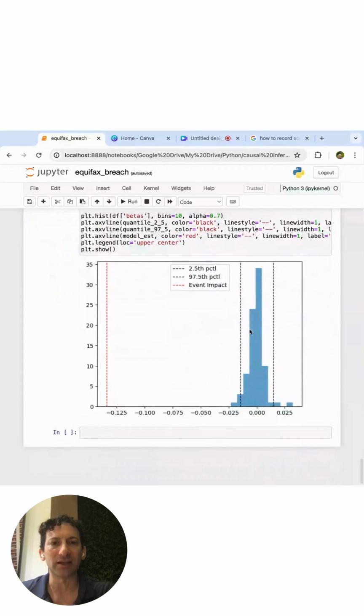As you can see in this histogram, between the two vertical black lines is 95% of the pre-breach difference estimates, and the red line is what we get from the event. You can be pretty confident that those results are due to the breach and not just, say, day-to-day volatility. Look how far away it is from the histogram.